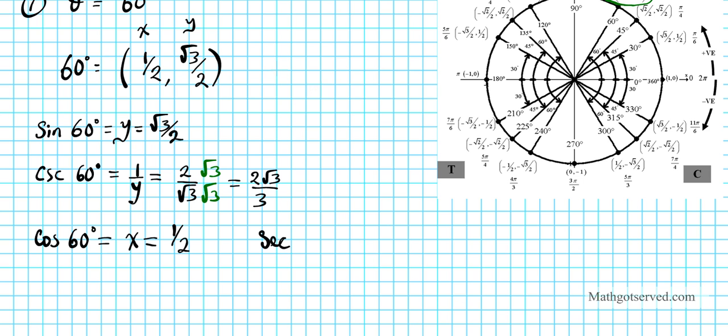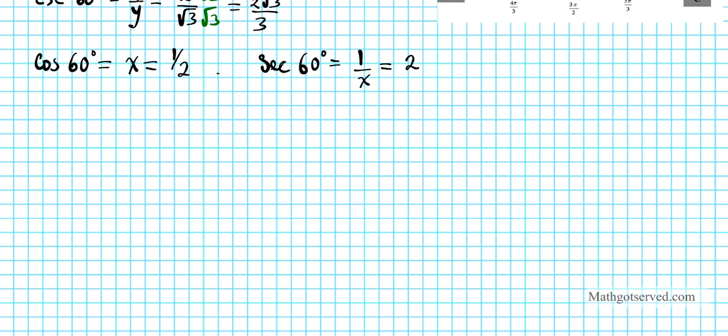Secant is the reciprocal of cosine, which is 1 over x. It's quicker to just reciprocate 1/2, which gives me 2. So secant 60 degrees is 2.